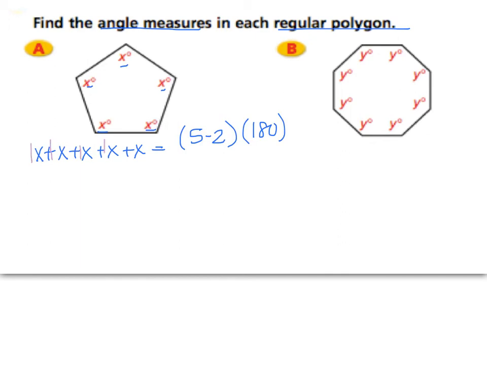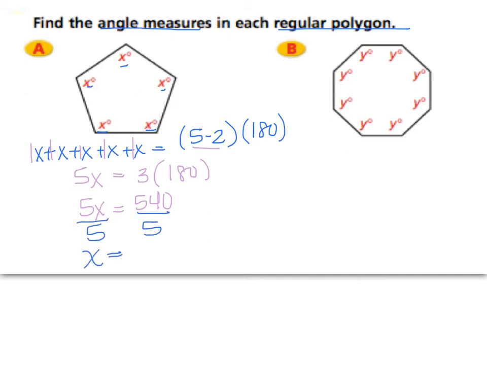Now let's simplify this expression. Remember, there's ones here, so we can combine all these to get 5x equals, well, 5 minus 2 is 3, so 3 times 180. Let's go ahead and solve that. 180 times 3 is going to be 540, and we have 5x over here. Now you know how to solve this. We want to get x alone, so we need to divide both sides by 5.